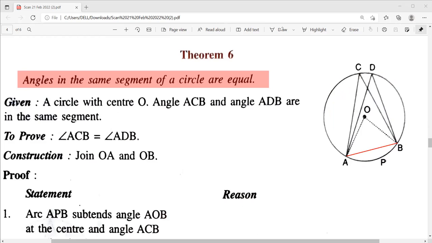At the same time, you have a part of the circle which is bounded by the arc and the chord. Now see, look at this part of the circle which is bounded by the major arc and the chord AB.